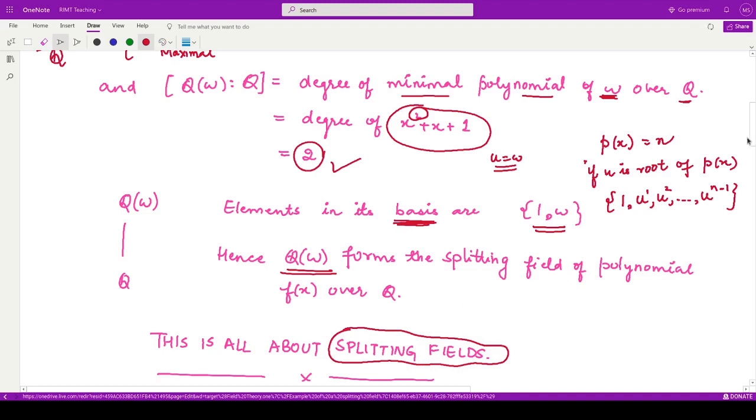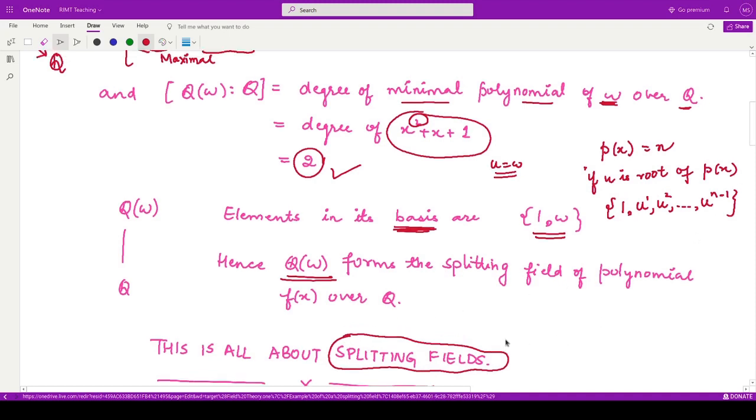So we have studied what splitting fields are. We have seen various examples of this splitting field. Then we have also seen the existence theorem for splitting field. We know for every polynomial there exists a splitting field for sure. We also saw that that splitting field is unique in nature, so we have this uniqueness theorem with us.